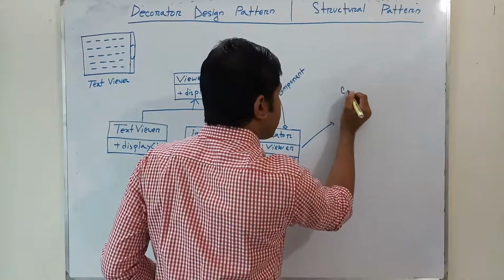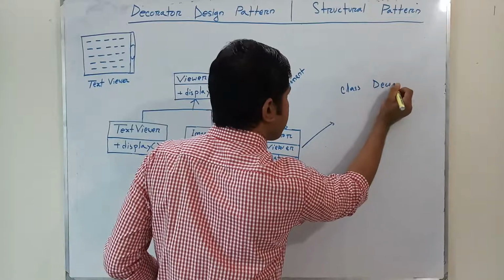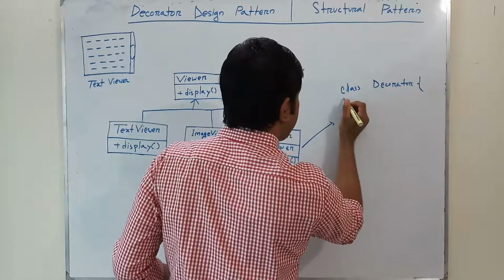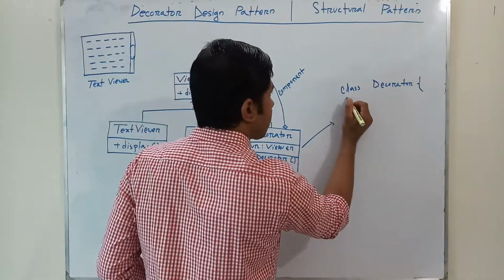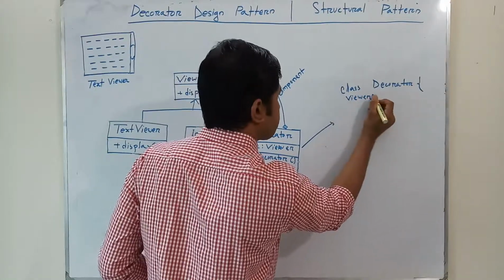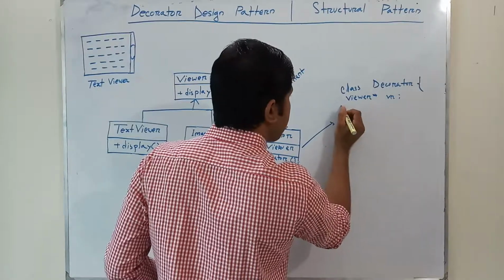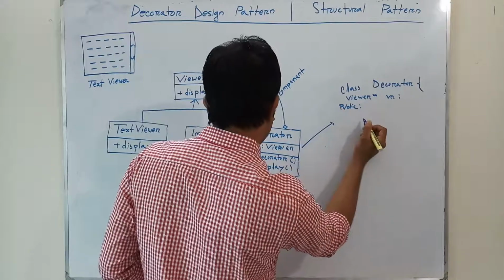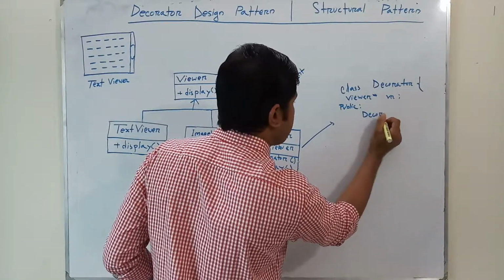Suppose it looks like class Decorator, with the variable here, viewer. And public Decorator constructor.